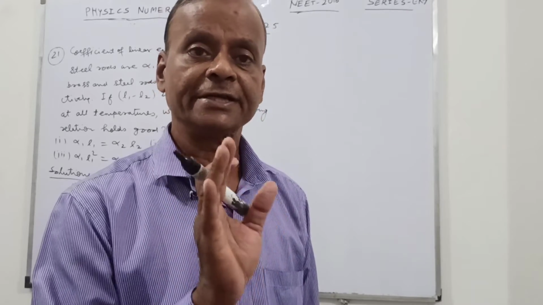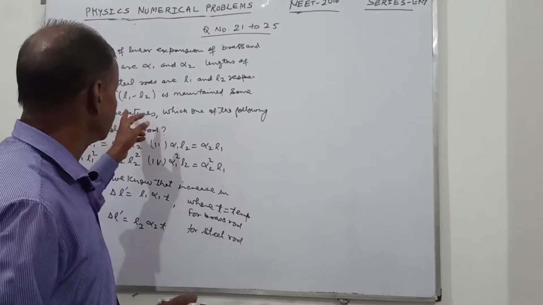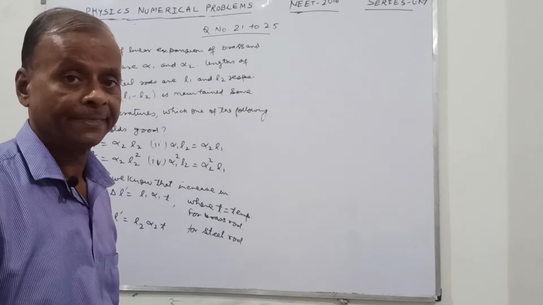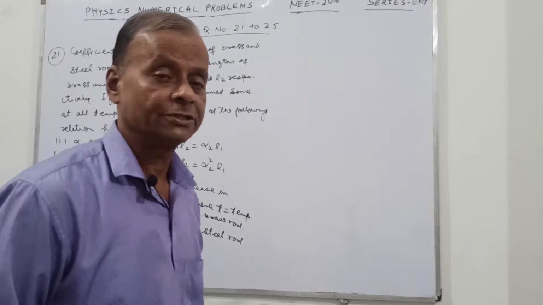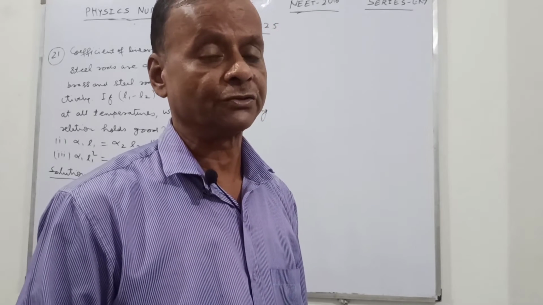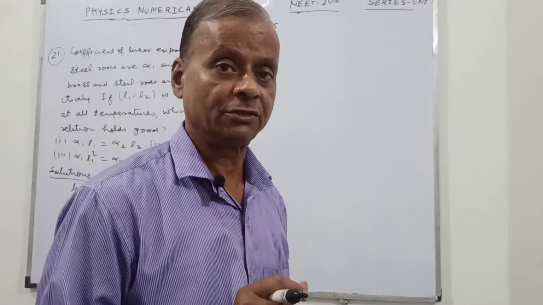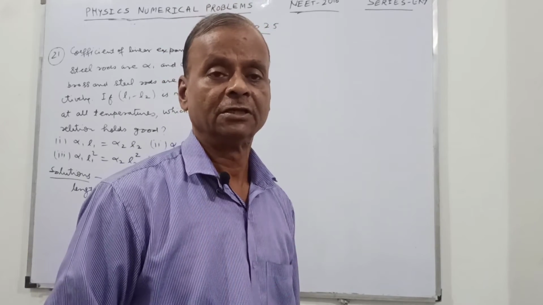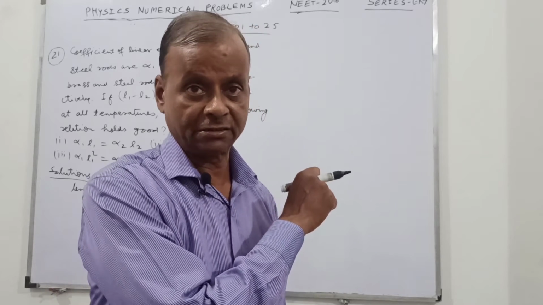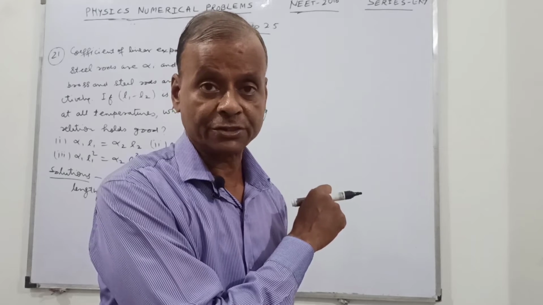But in case of L1 minus L2, this is not the same in both cases. So this question must say that if the increase in length in both the rods is equal, then which relation holds good? This must be the language of the question. I think the language given in the question is very ambiguous or doubtful.